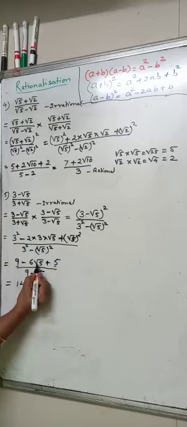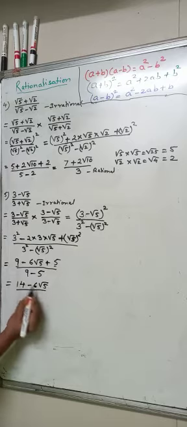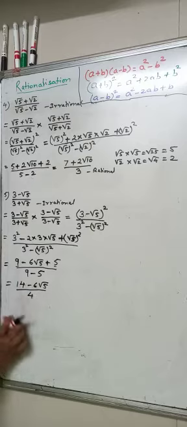You cannot add 6√5, so we write it as 6√5, the whole upon 9 minus 5, which is 4.